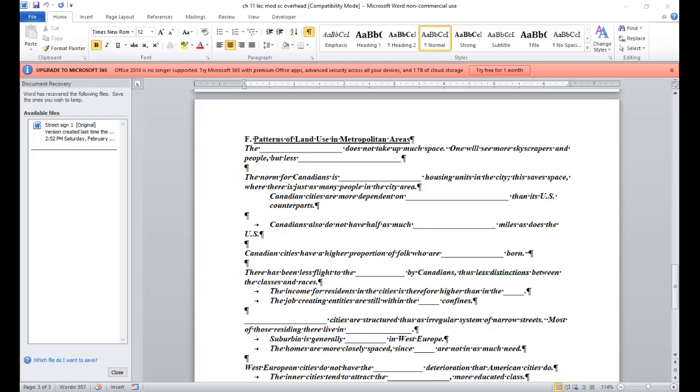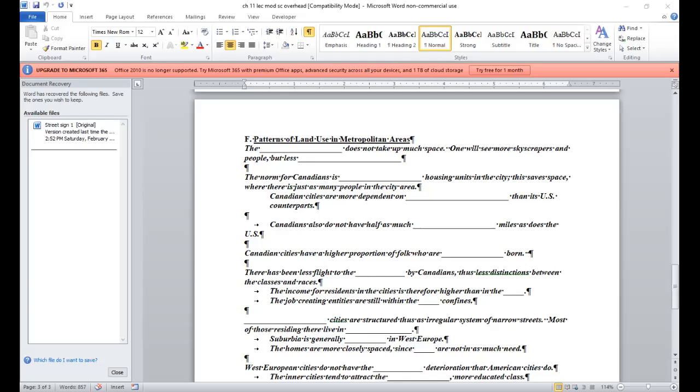You don't have the crime in the Canadian inner cities that you do here in the United States. So job creating entities are still within the city confines. Page 328 has a picture of the skyline of Toronto or Vancouver, one of those two.